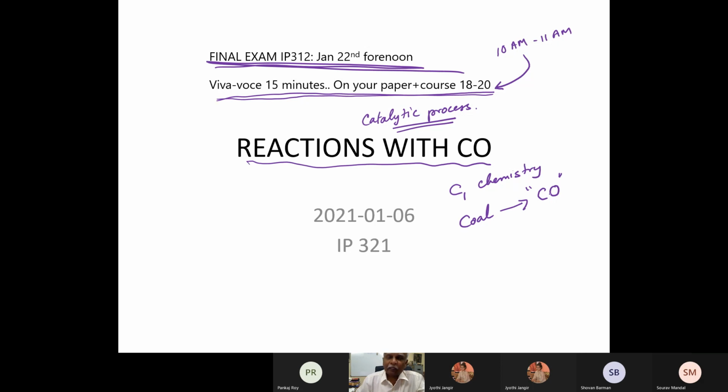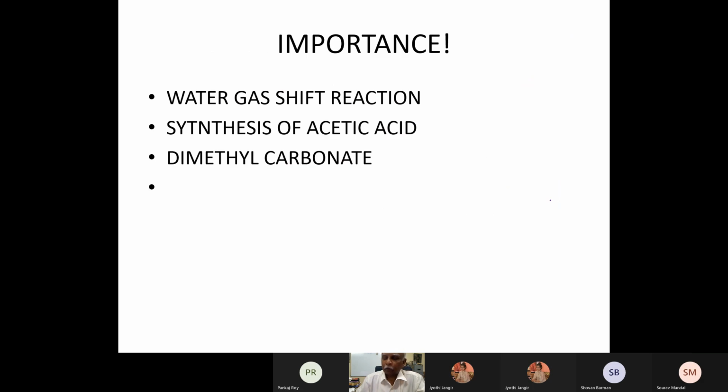In the water gas shift reaction, you can have this carbon monoxide. So the next most important product is acetic acid. And acetic acid is something which is used in tonnage quantities.